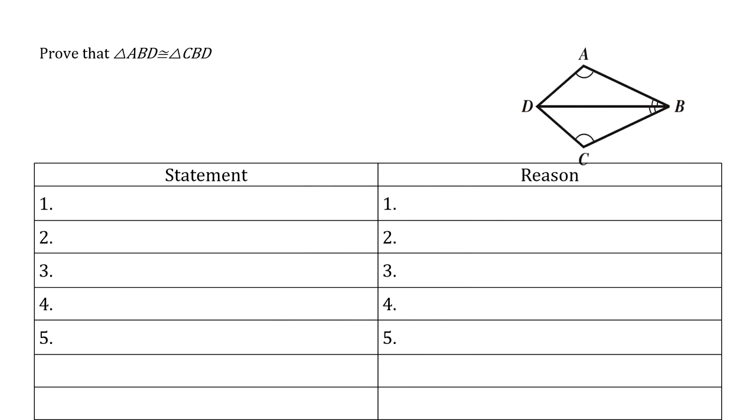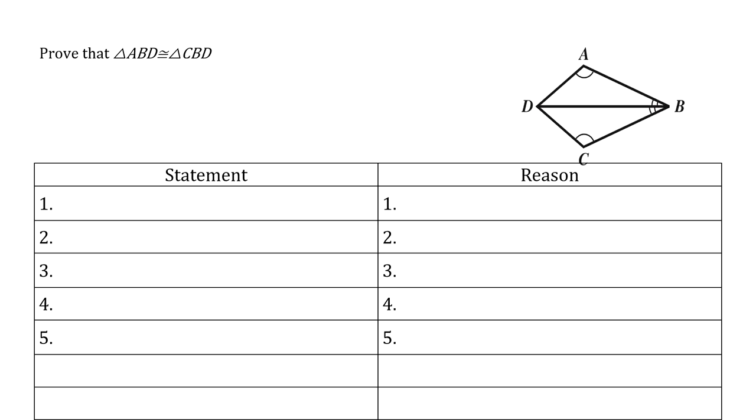Gonna work through a proof here to talk about our next postulate. So here we have a kite. The shape is called a kite, but it's split up into two separate triangles. We're trying to prove that ABD is congruent to CBD. So we're gonna take a few minutes. If you want to try to work it out yourself, awesome.